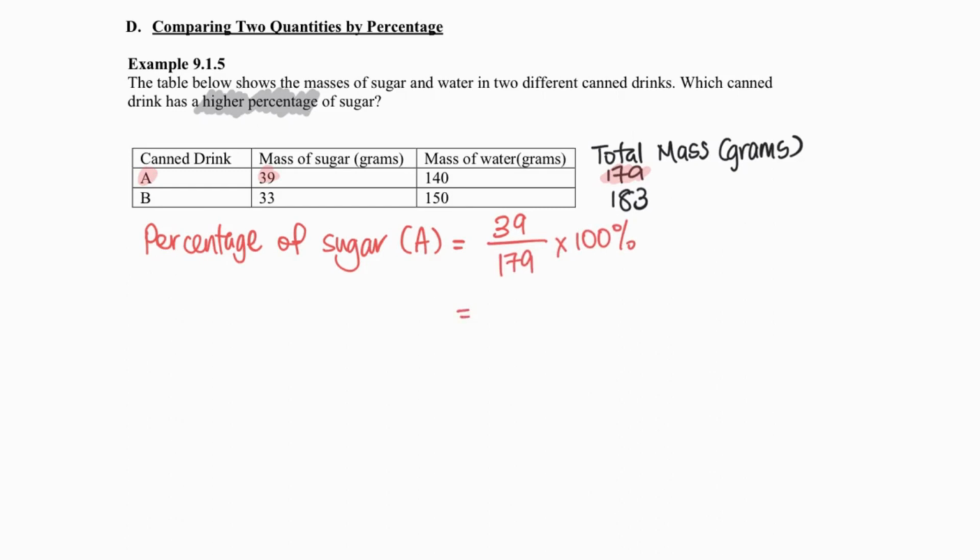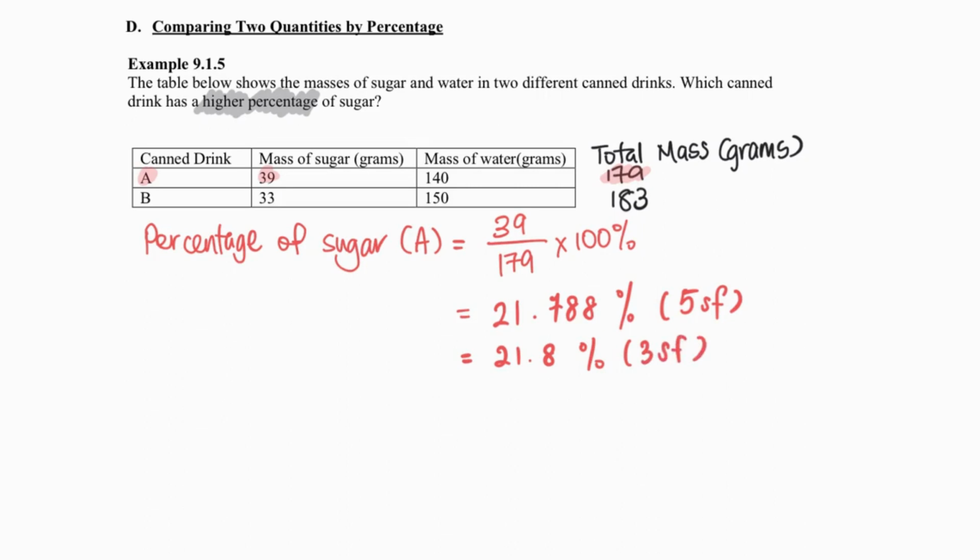This will give me a value of 21.788% to 5SF, followed by 21.8% to 3SF.